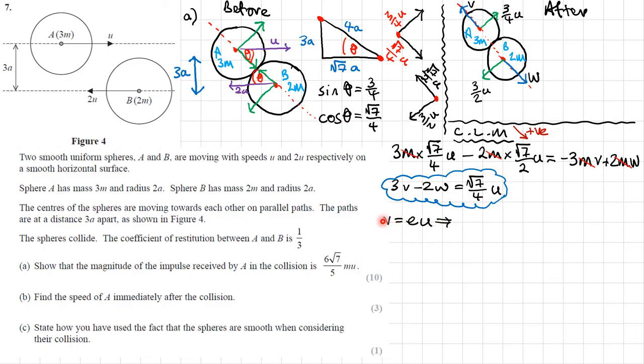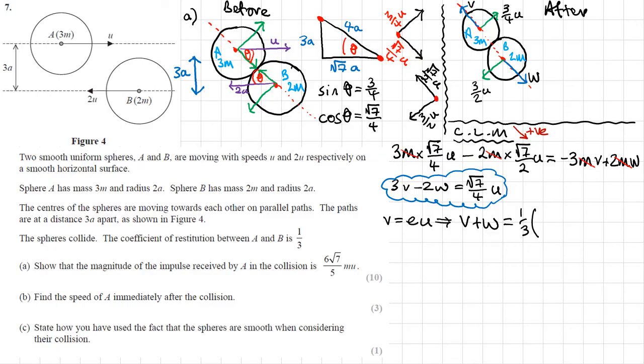So v, that's going to be the speed of separation. Well, I've got them going in opposite directions here, so that's going to be v plus w. We're told that the value of e, coefficient of restitution between the spheres, is a third. Now the speed of approach, that's going to be these two added together, which happens to be these two here.